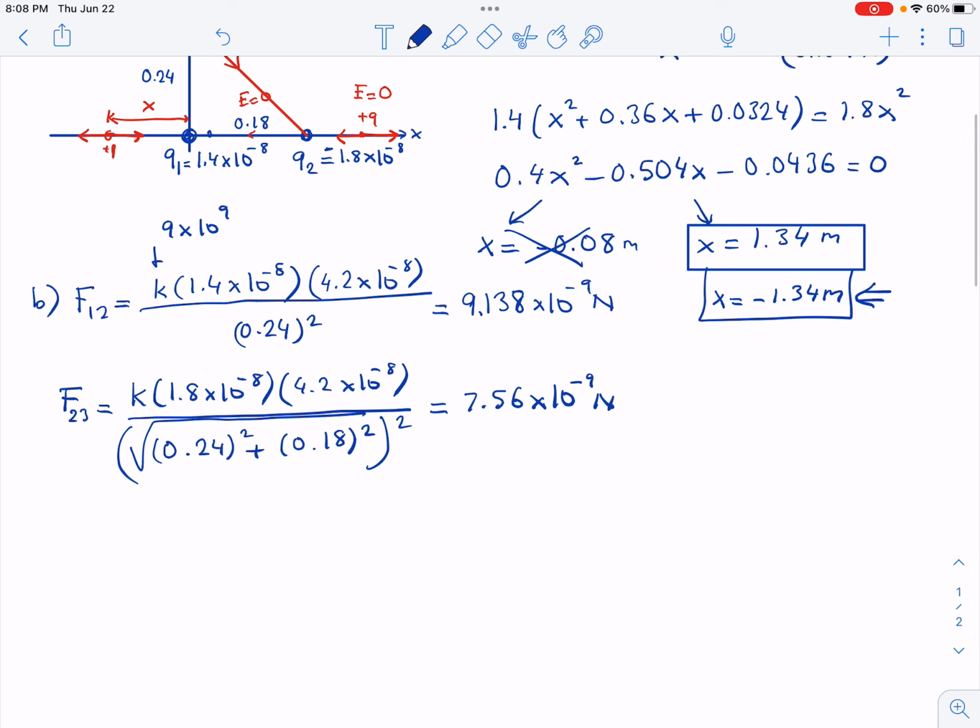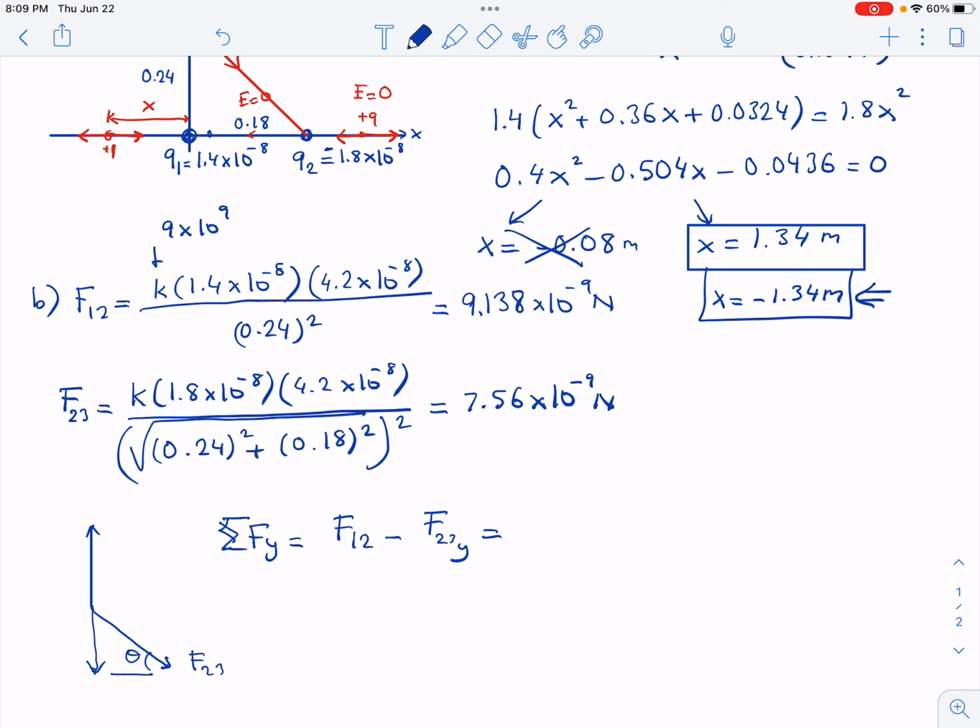Now we have F12 this way, F23 this way. That means we need to divide F23 into two parts with this theta. So total Fy will be F12 minus the y component of F23.